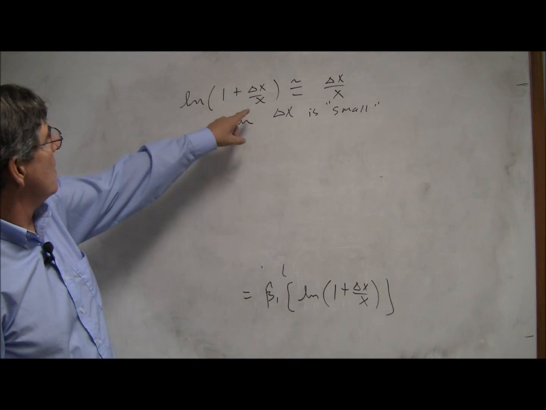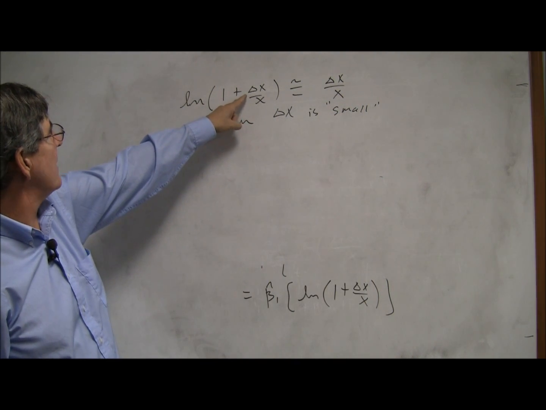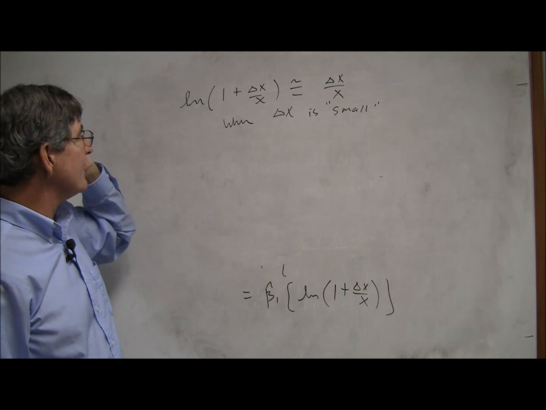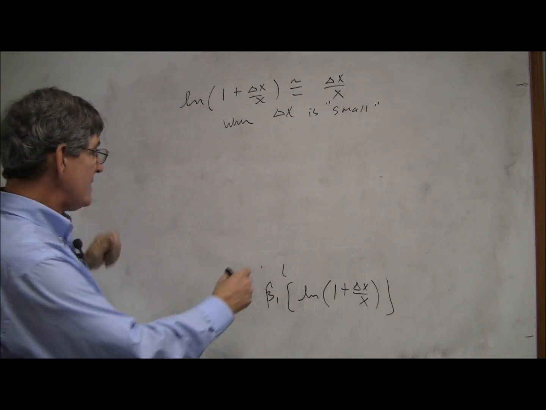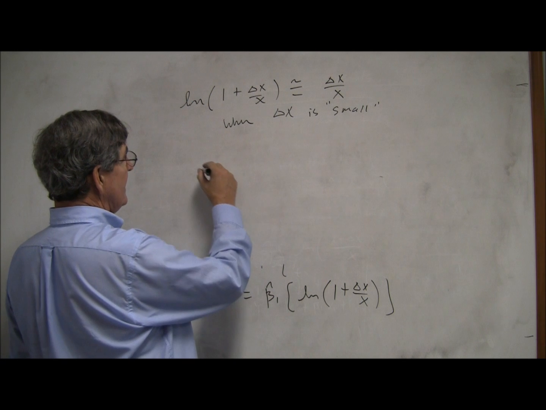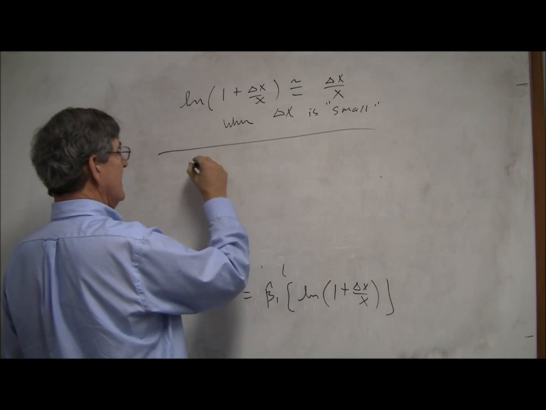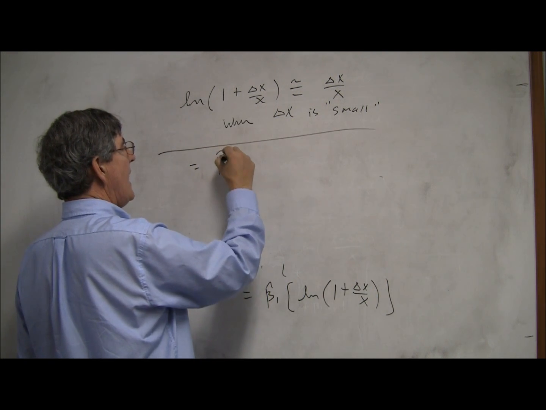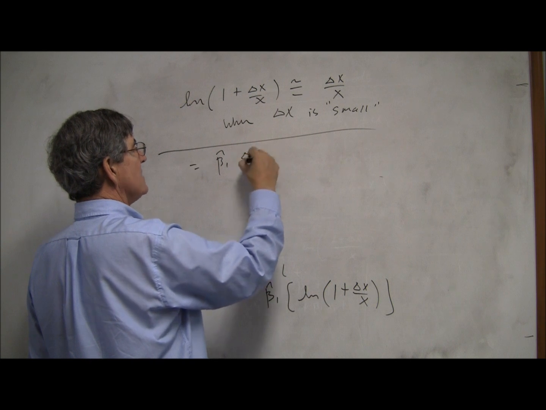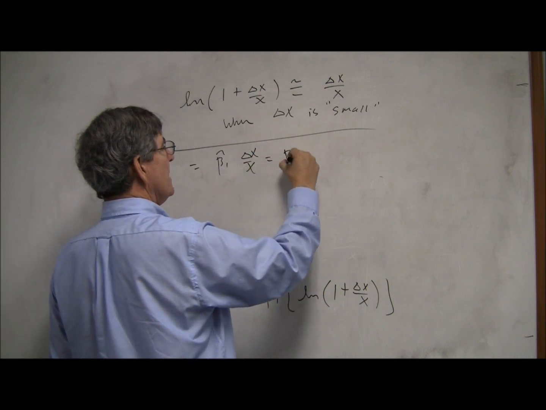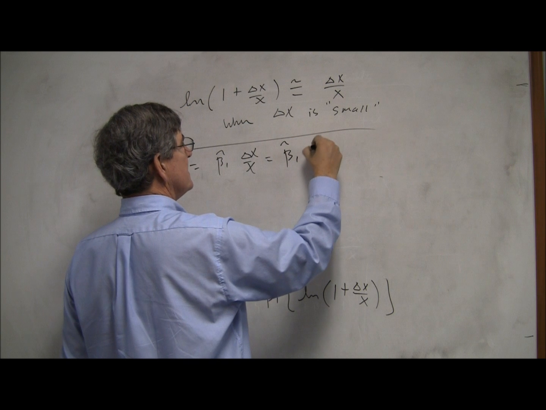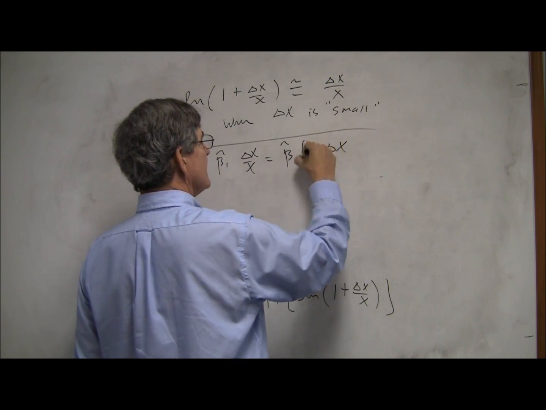So this approximation holds so long as your change in x isn't very big, like the 1 or something like that we've been looking at. So this is then equal to beta 1 hat times delta x over x, which is beta 1 hat times the percentage change in x.